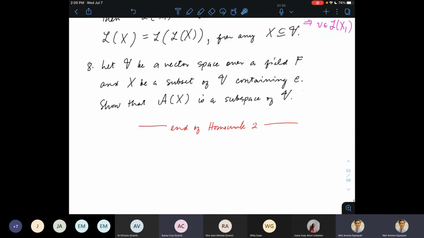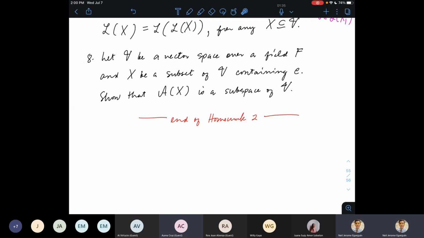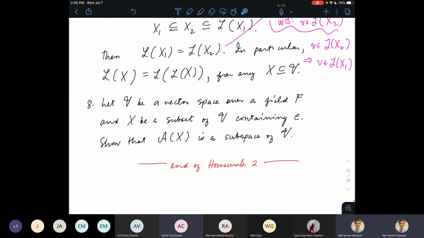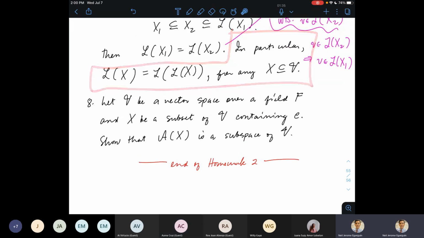Okay, problem 8. Sir, can I go back to problem 7? Yung in particular ba yan? In particular, sir. Well, for the in particular part, pag may mga statements that says in particular, following a certain statement, that will just be a special case of the theorem before.